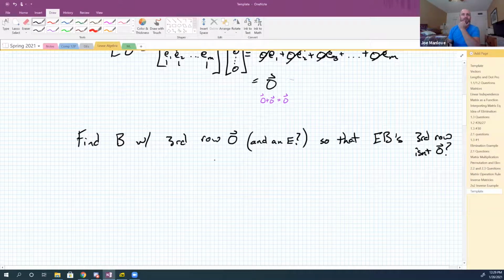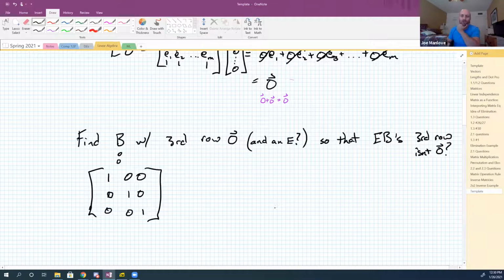All right, so first let me make a B with a third row of 0. I'm going to make the easiest B that I can think of to start with. I'm not sure this is going to work, so I'm just going to make the easiest B I can think of. Okay, I started with a matrix. Does this matrix have the property that its third row is all 0? Yes? No? The third row?